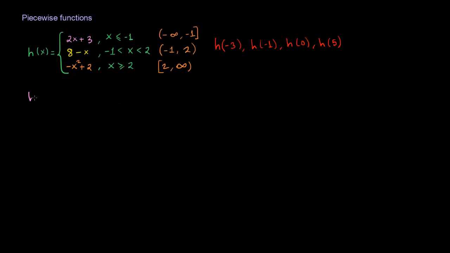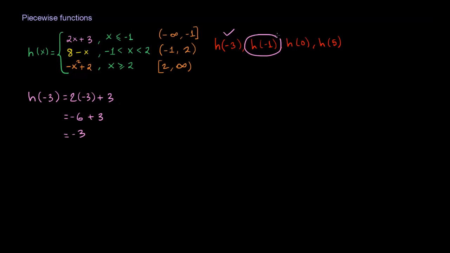It would be h of -3 equals 2 times -3 plus 3. So this will be -6 plus 3, and we get that h of -3 is actually -3 as well. That would be it for this one.